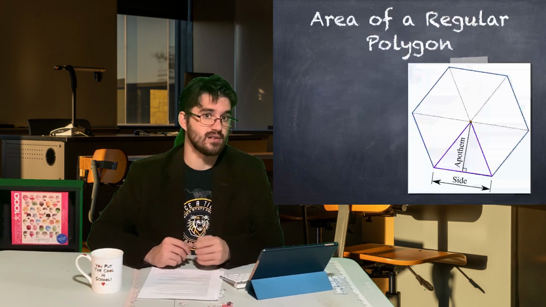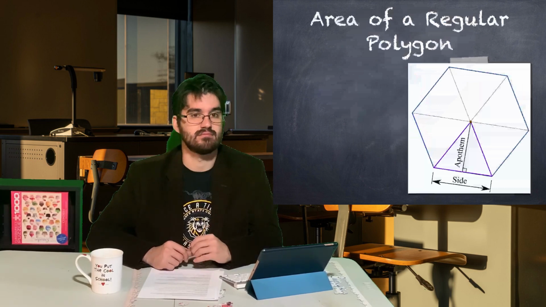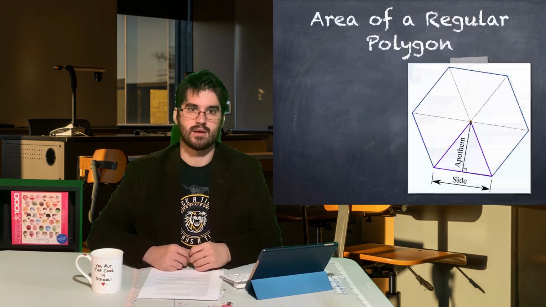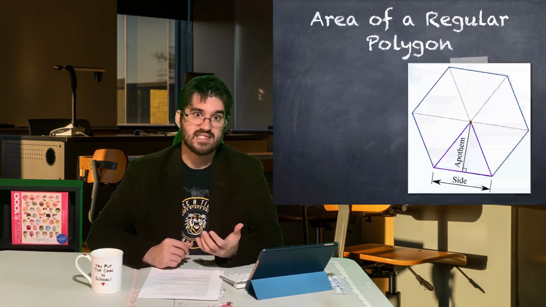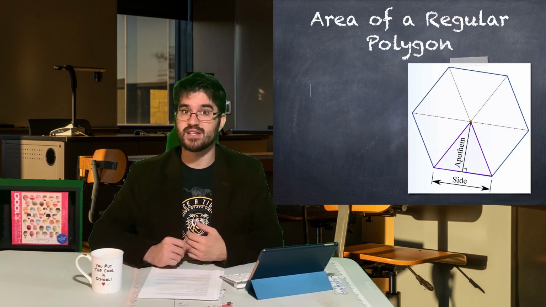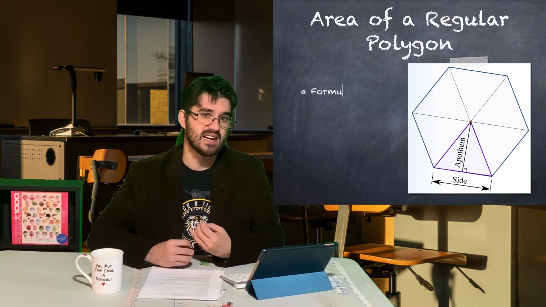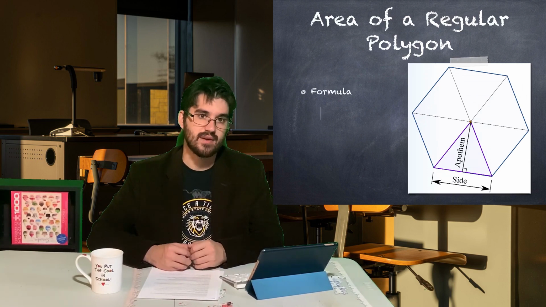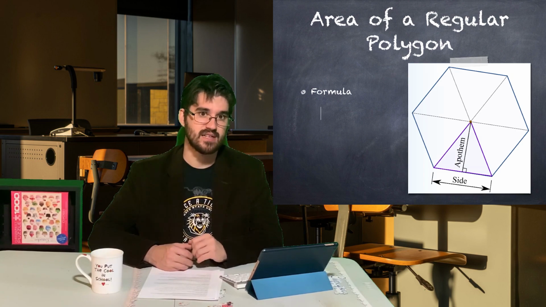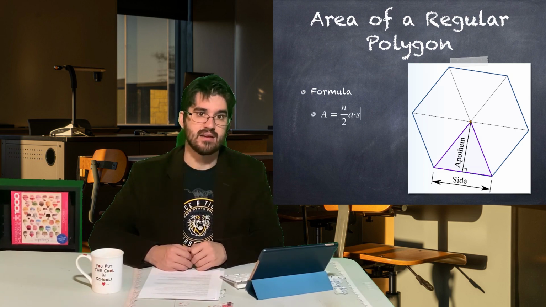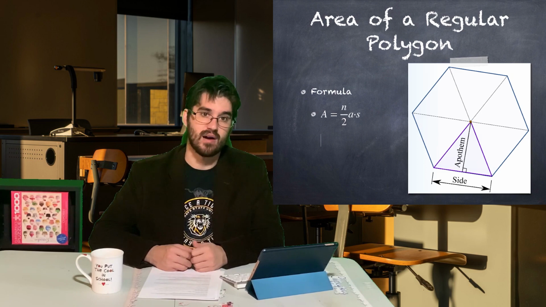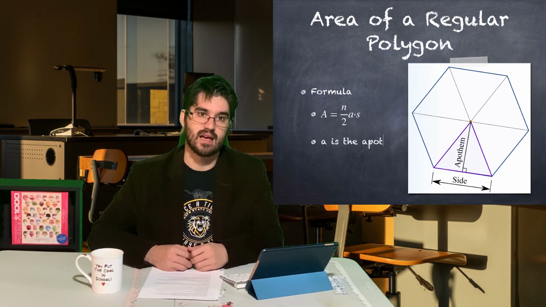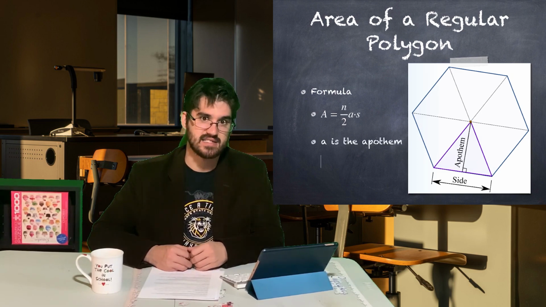The area of a triangle is 1/2 times the apothem times the side length. And if the number of sides tells you the number of triangles, we can then just multiply that by the number of sides. So the area of any regular figure will be n divided by 2 multiplied by a multiplied by s, where n is the number of sides, a is the apothem, and s is the side length.